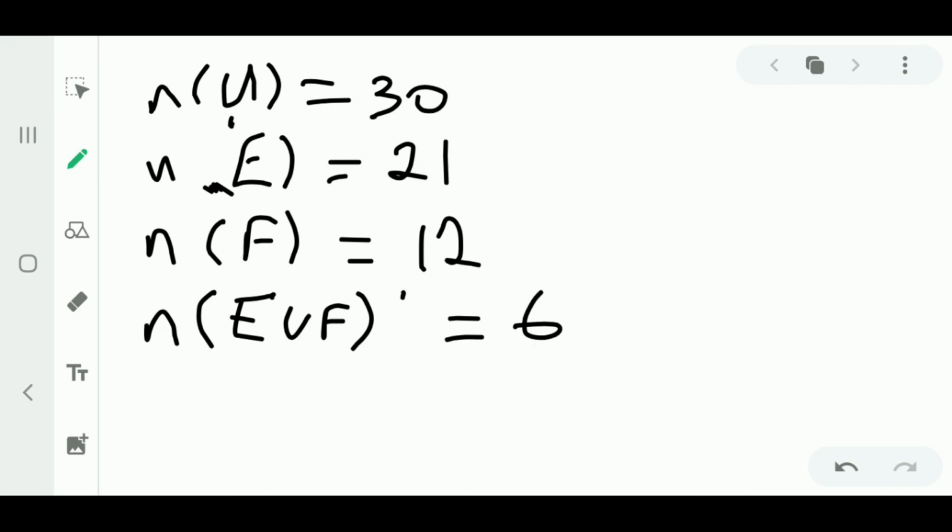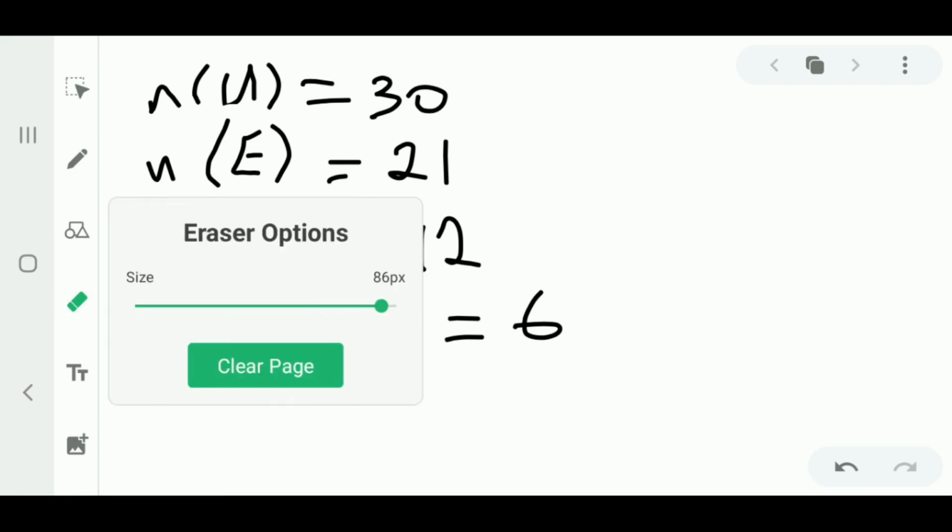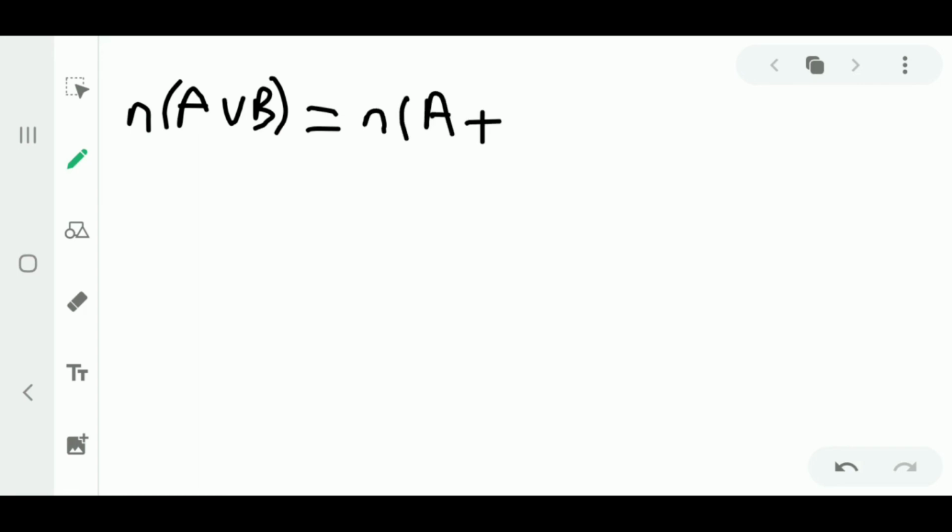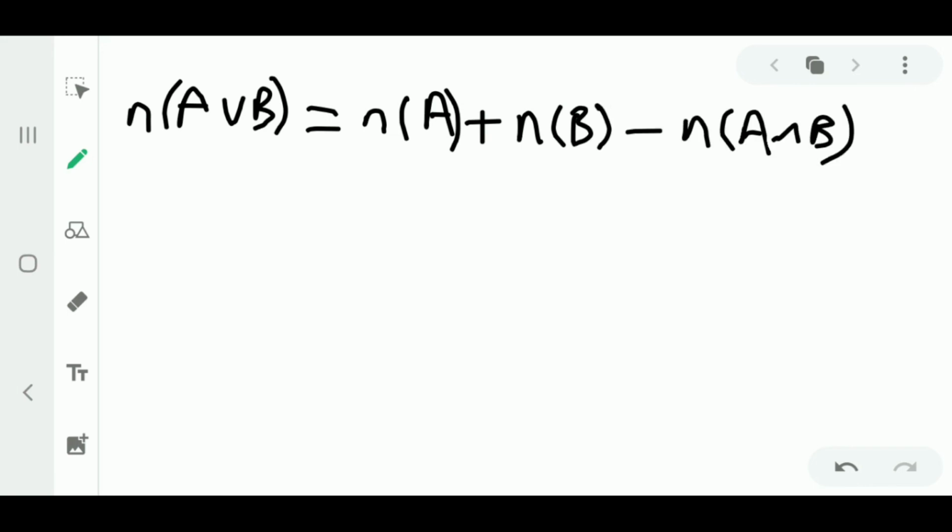So remember, usually we have this formula here, N of A union B is equal to N of A plus N of B minus the intersection.